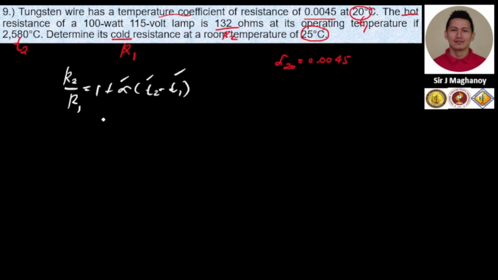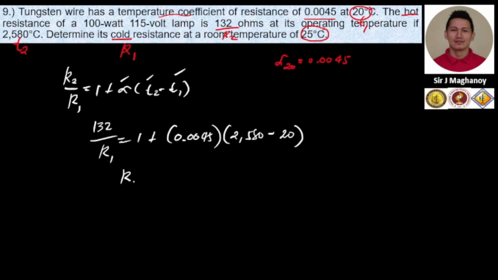So solving for R1: 132 ohms over R1 equals 1 plus the temperature coefficient, 0.0045, times the final temperature, 2580, minus 20.